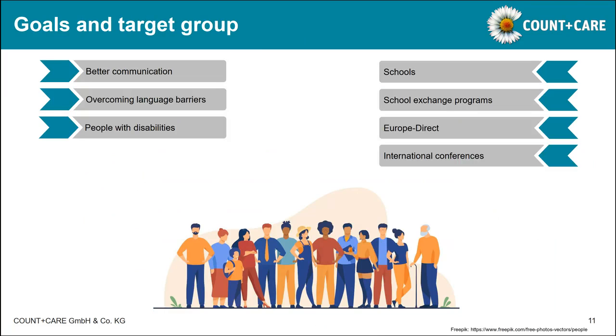Yeah, and why is this important? Live translation and transcription, of course, for better communication, overcoming language barriers, and helping people with disabilities, for example with hearing. And this is very interesting for schools, universities, for exchange programs like Europe Direct, or international conferences like this one here.